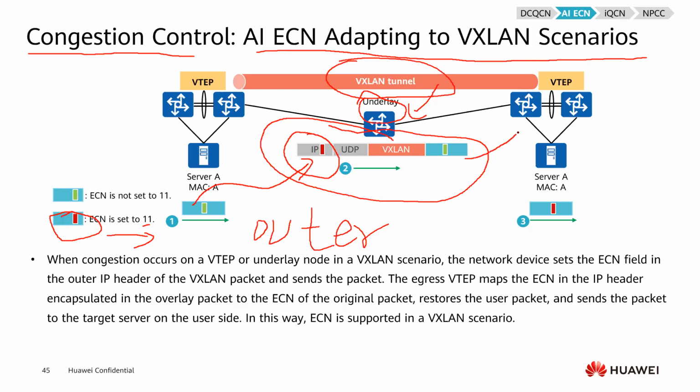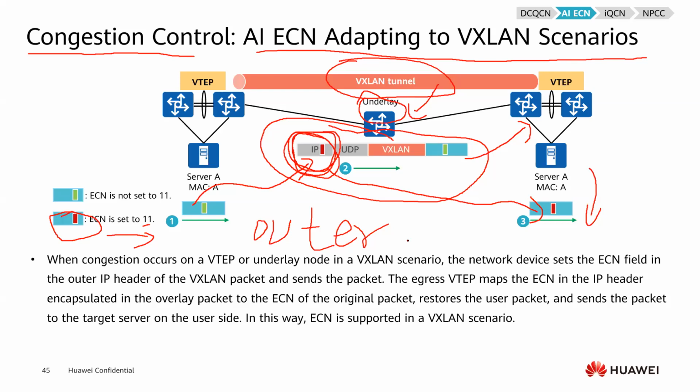But when the packet reaches the egress node, the egress node will put the ECN tag to the original packet. Then the server will receive the ECN packet.